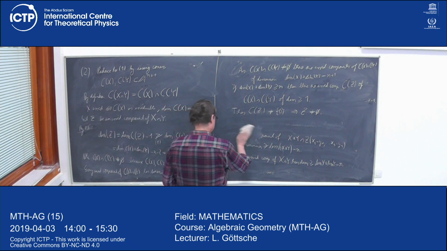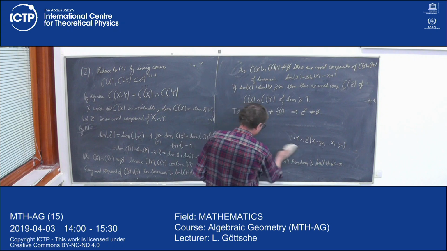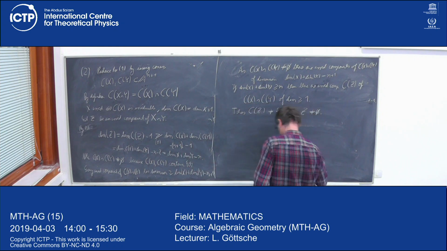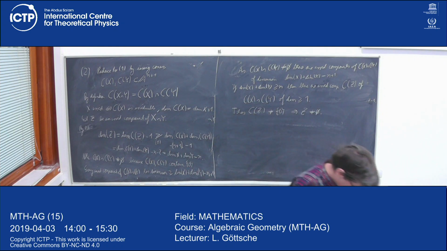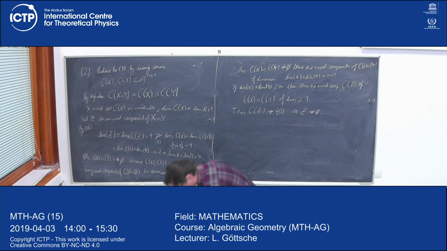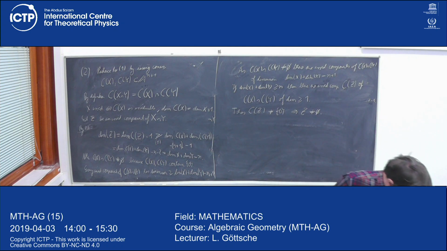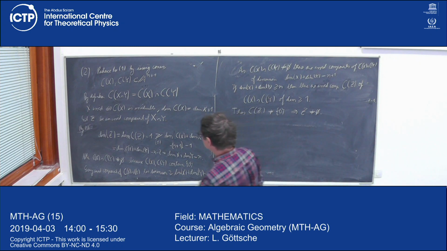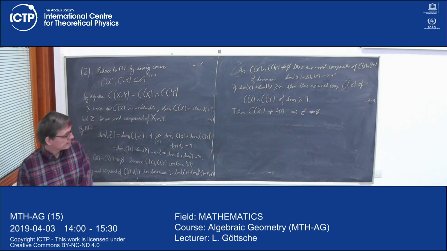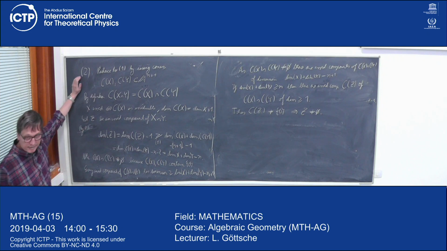Okay, so this was the statement. This was, so to speak, the last result I wanted to prove in this part. But I wanted to stress that this last statement is a rather strong result.